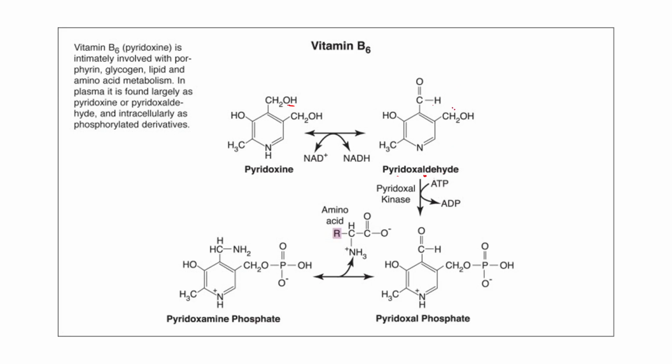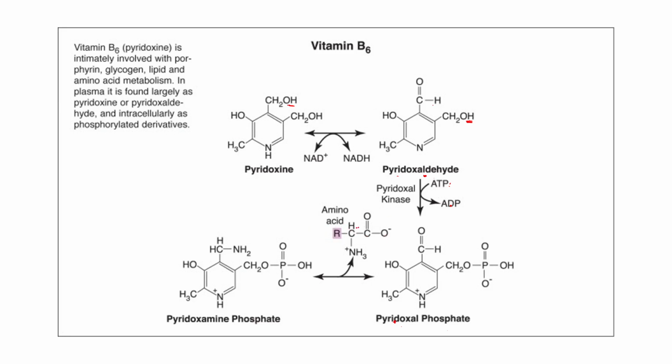To this pyridoxal a phosphate group is attached at this position, and this phosphate is obtained from an ATP molecule. So ATP will become ADP and a phosphate will attach to this pyridoxal. So it will become pyridoxal phosphate, and this pyridoxal phosphate is actually involved in the reaction of decarboxylation.